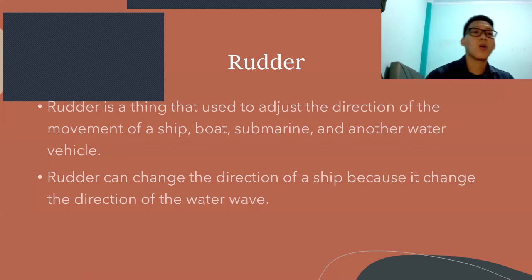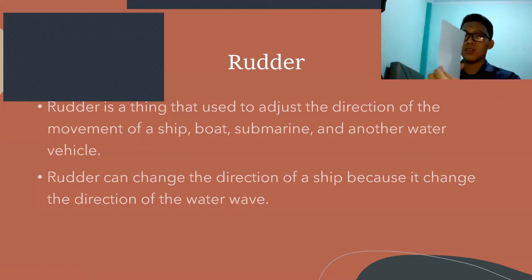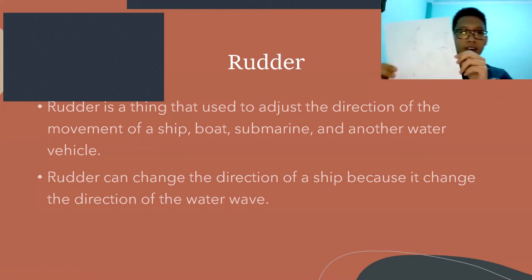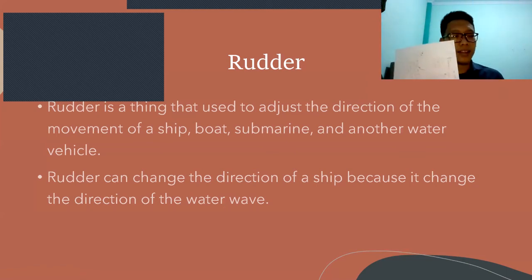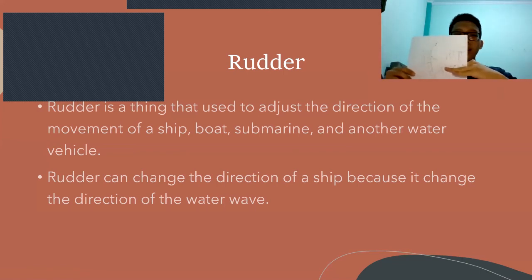All right. So how does a rudder work? I will explain to you how a rudder works. So imagine this paper is a rudder, and my hand is the streamline of water. When the streamline meets the rudder, the direction stays stabilized when the rudder is straight.